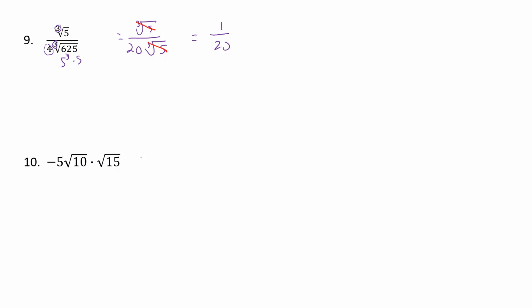All right, so here let's say this is still 5, and we're going to bring everything in the middle. So that's going to be 10 times 15. Okay. Well, what is 10? Well, that's 2 times 5, and 15 is 3 times 5. So I've got 2 5s here, so that's a minus 5 square root of 2 times 3 times 5 squared.